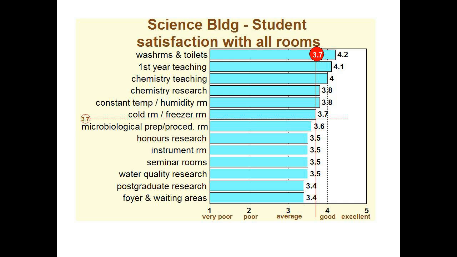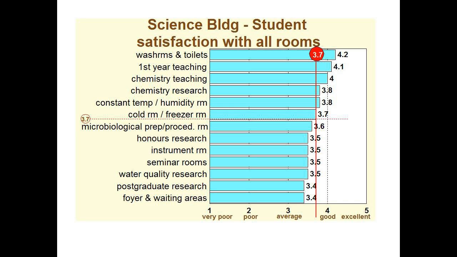Now if we look at the science building, the results for students with satisfaction with rooms, you'll see that interestingly enough the students probably aren't as critical about some of these rooms. And there might be a couple of reasons there. One of them is that they don't live in the building for 40 to 60 hours a week. That's one issue.